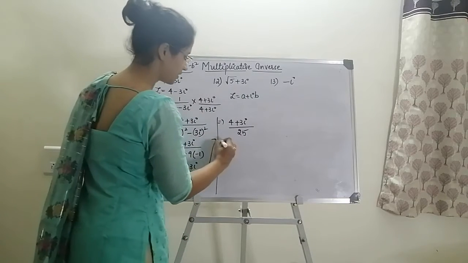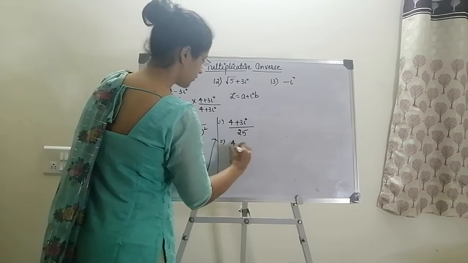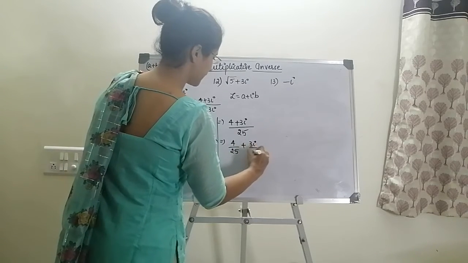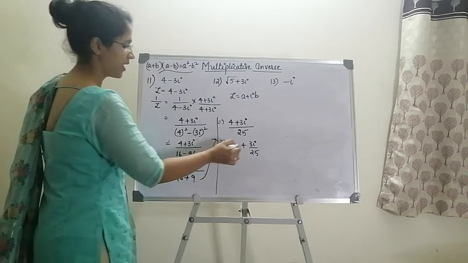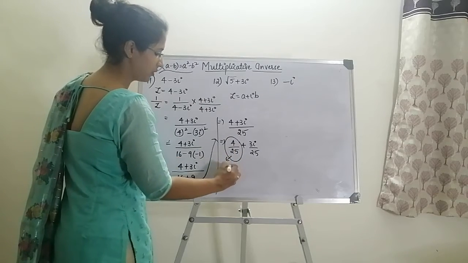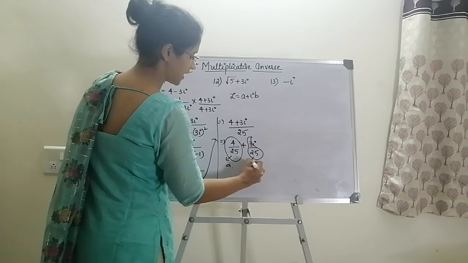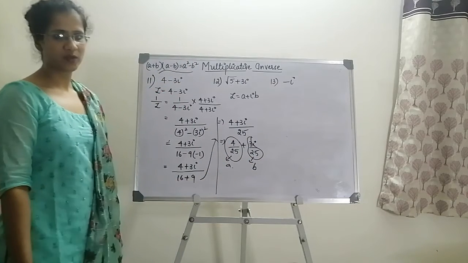Understood? So therefore this can be bifurcated as 4 divided by 25 plus 3i divided by 25, where my a value is equal to 4 divided by 25 and b value is equal to 3 divided by 25.